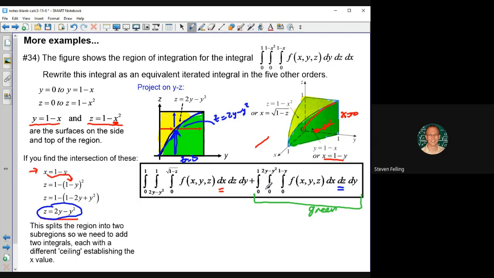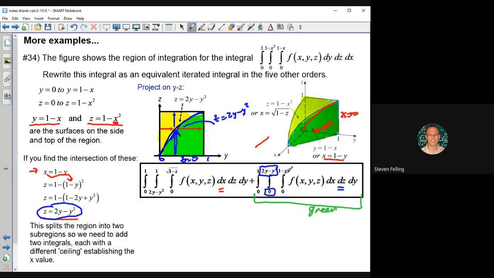That's why we have this limit of integration from 0 to 2y minus y squared. And then in the other direction, we just have to cover y's from 0 to 1. And in the original problem, the boundaries were given as 0 and 1 here, okay?